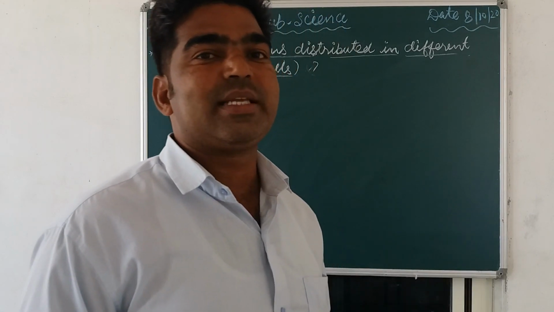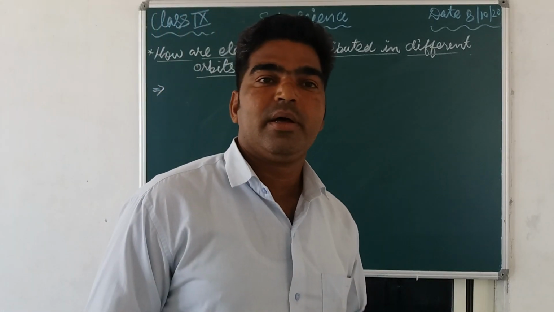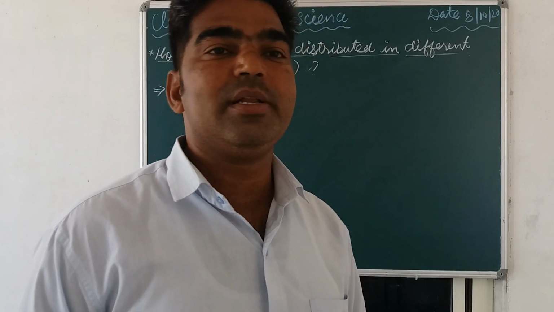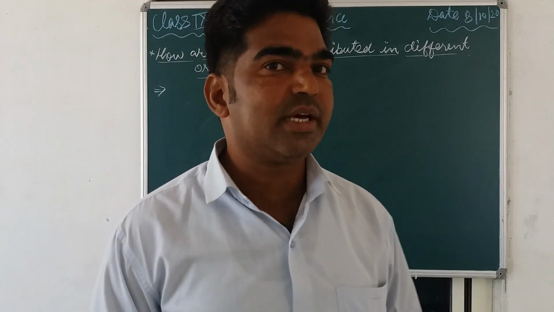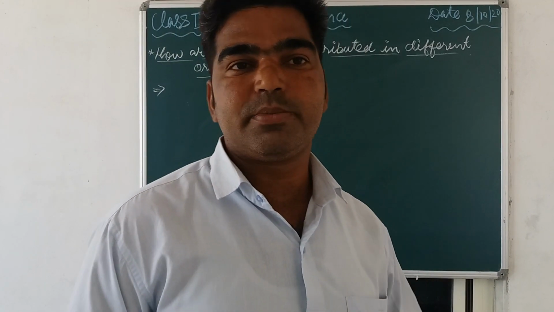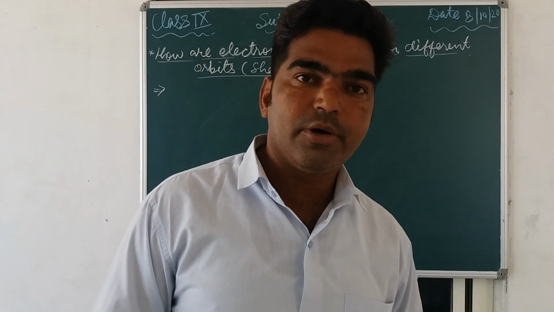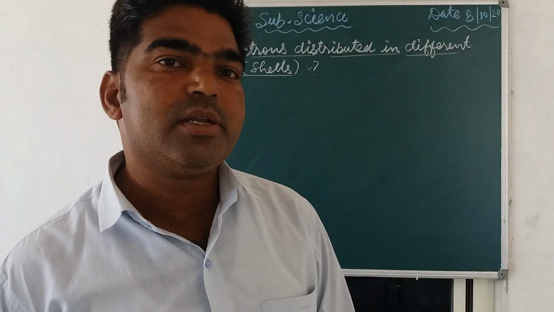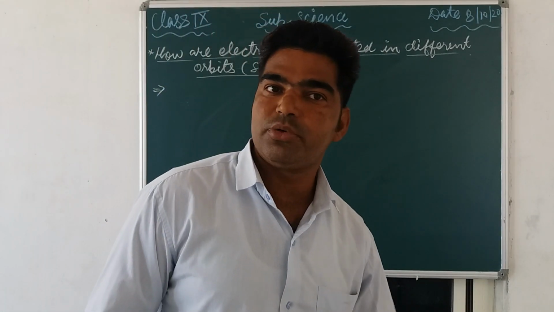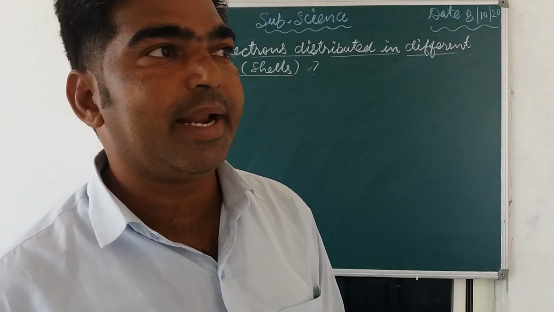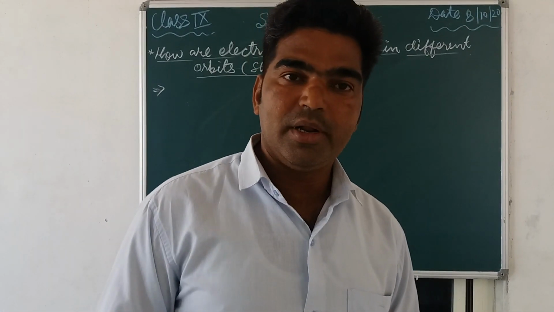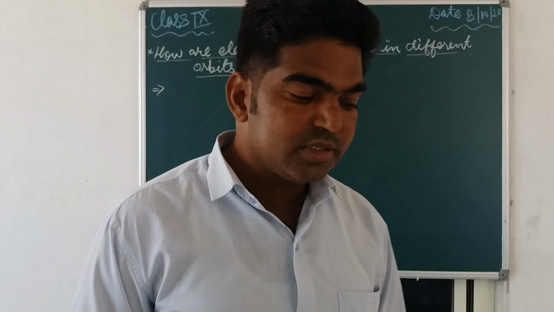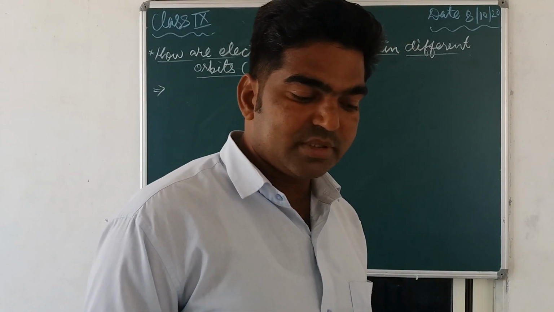In the previous class, we discussed the three different types of models, and also the discovery of subatomic particles: electron, proton and neutron, and the different models of atoms given by Thomson, Rutherford and Niels Bohr.